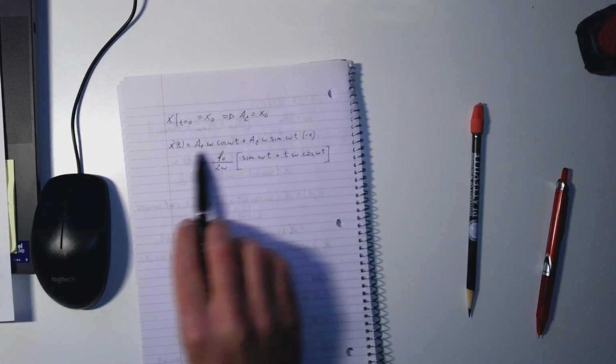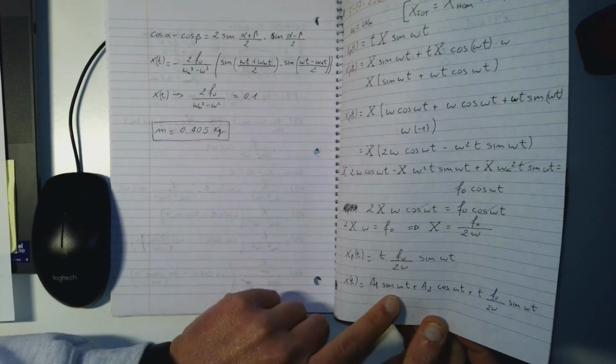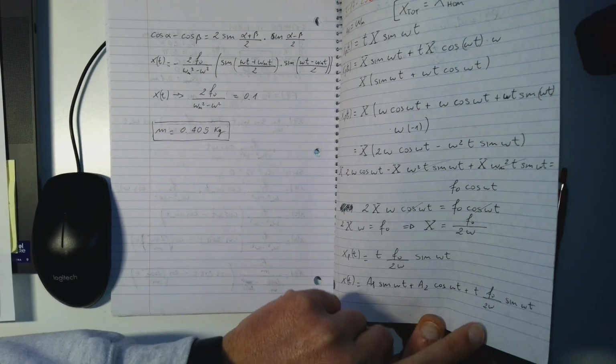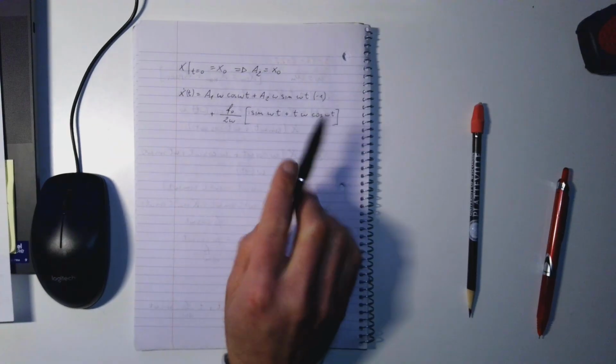This is obtained by deriving our solution a1 sine omega t plus a2 cosine omega t plus f0 over 2 omega t sine omega t.